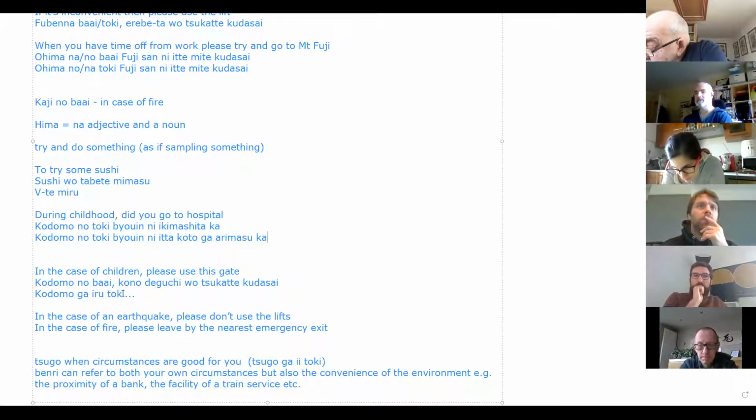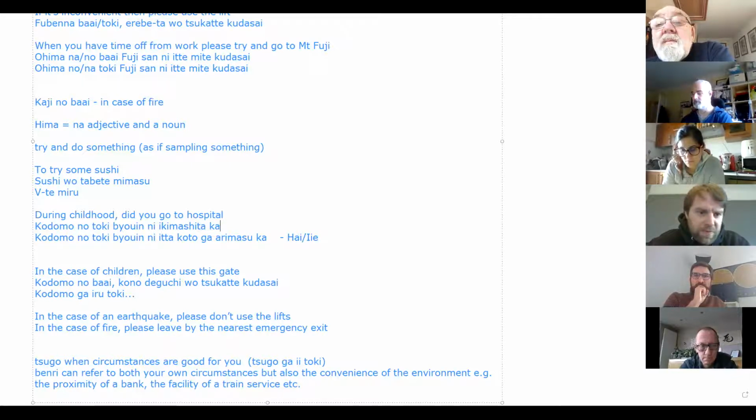The answer to this one, arimasu ka, can only be either hai or iie. Whereas the answer to this one would be hai, kyū-sai no toki ikimashita. When I was 9, I went, because it's asking for a specific event, a specific time.